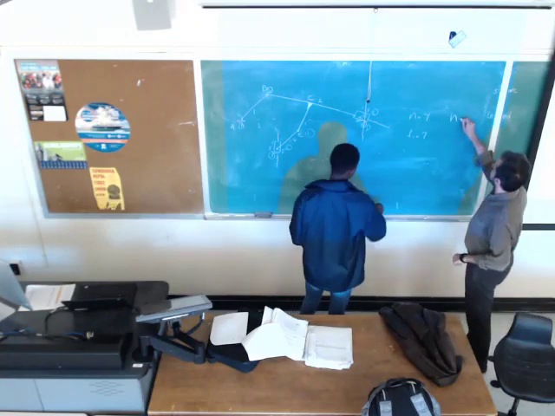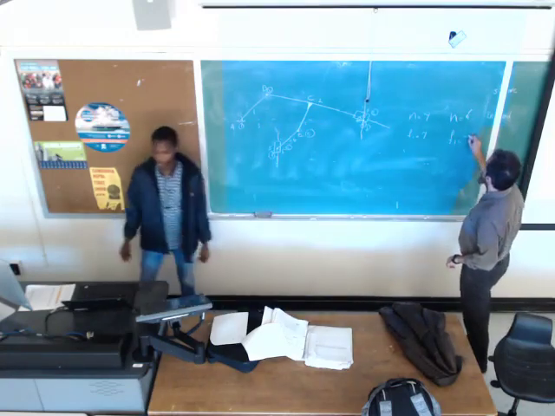So n equals 6, j1 equals 7. Any differences?